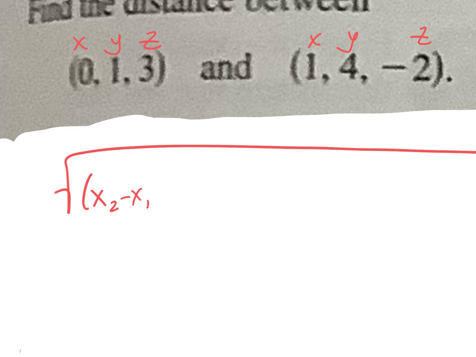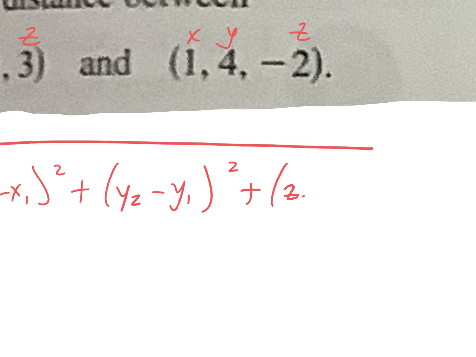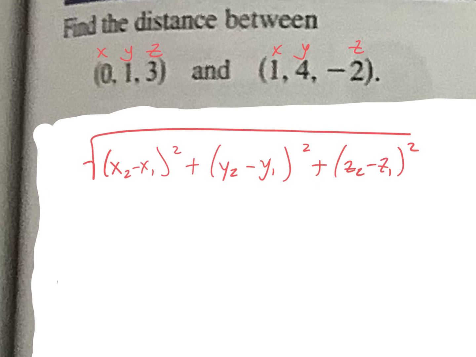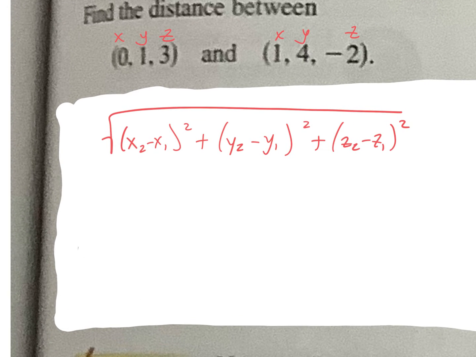Can you do it the opposite way? Can you do 1 minus 2? Yeah, it doesn't matter because you're going to square it. Plus y2 minus y1 squared plus z2 minus z1 squared. All it is is the difference between each of those points, the value squared, and you add them together. You guys have done the distance between 2 points a gajillion times, so you're just adding one extra thing.